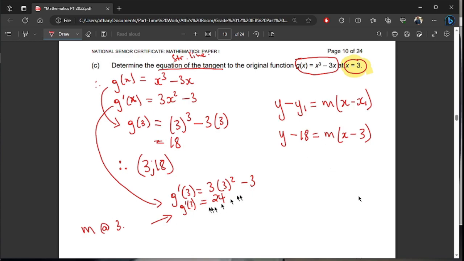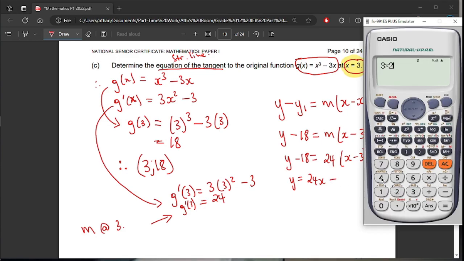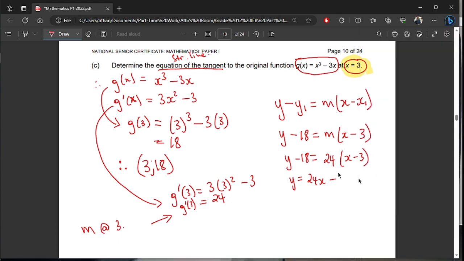Now I'm going to take my gradient, which is equal to 24, and substitute it in the value of m. So I have 24 times x minus 3. Then let us find the equation of the tangent. So this would be 24x minus 3 times 24, which would be 72.